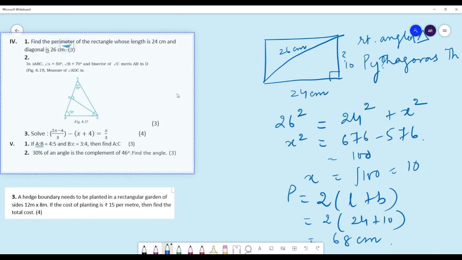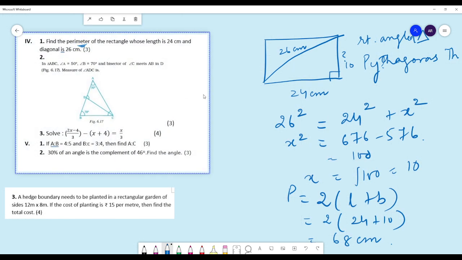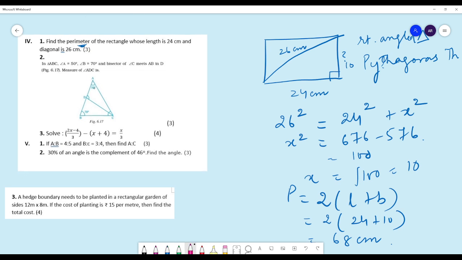Now let us talk about question number 2 over here. So I'll explain it in this part only. What you have over here is angle A is given as 50 degrees. Angle B is given as 70 degrees, and CD is the bisector over here.